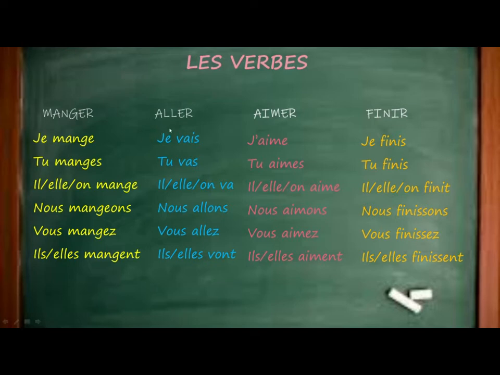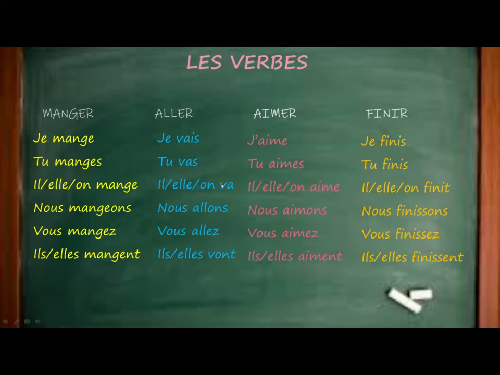This one is actually the verb aller. The verb aller is as important as the verb avoir or être, because this verb will be used in futur proche. So je vais, tu vas, il va, elle va, on va, nous allons, vous allez, ils vont, elles vont.